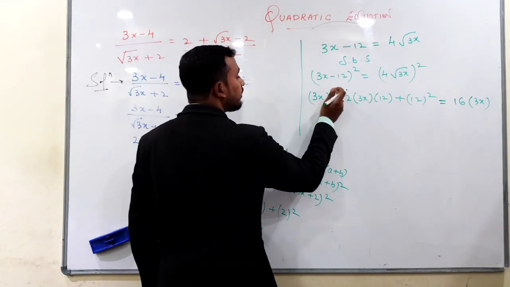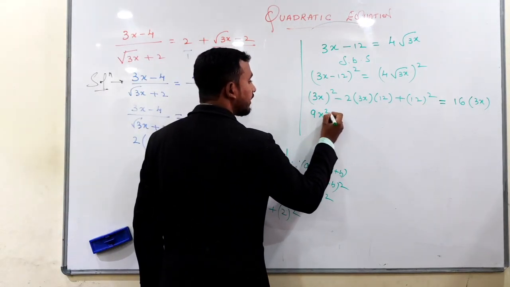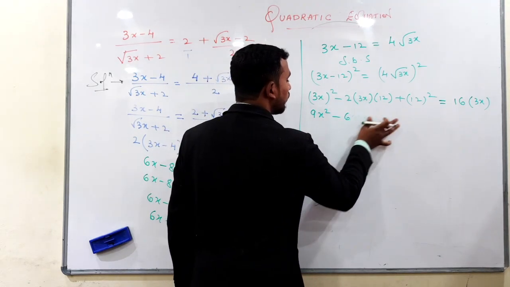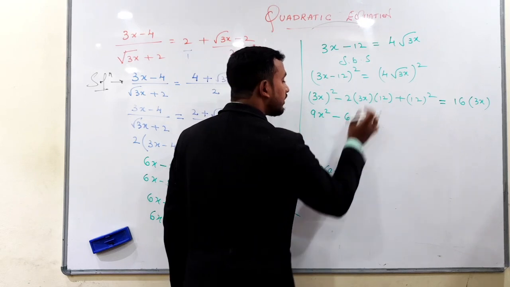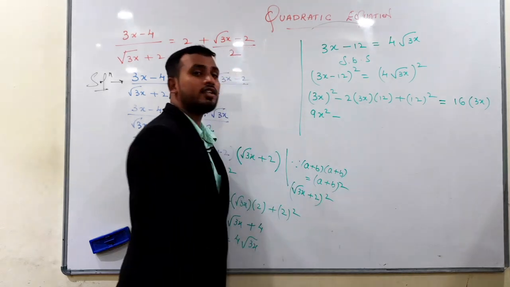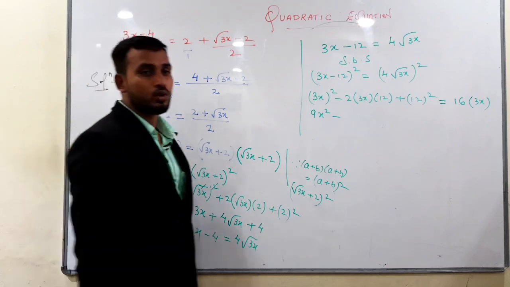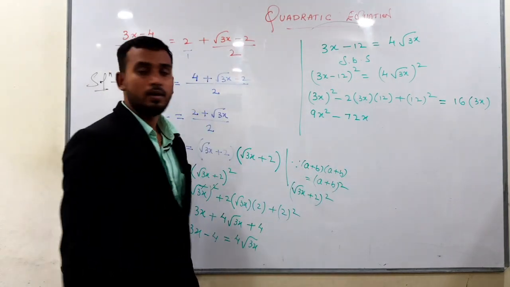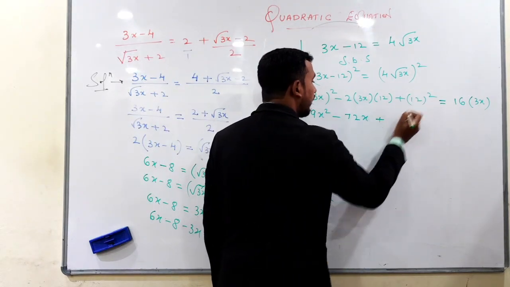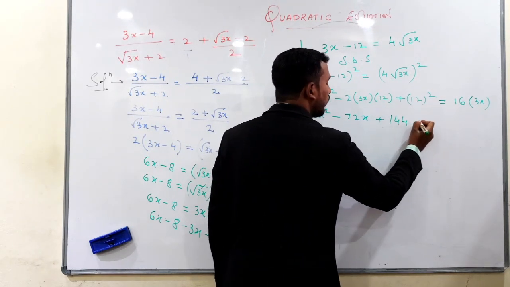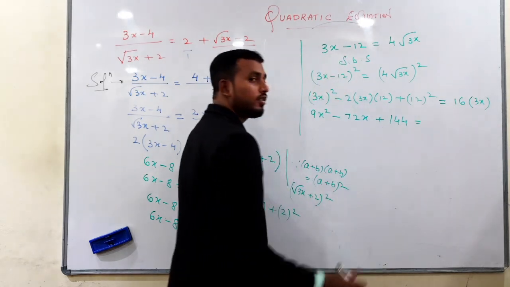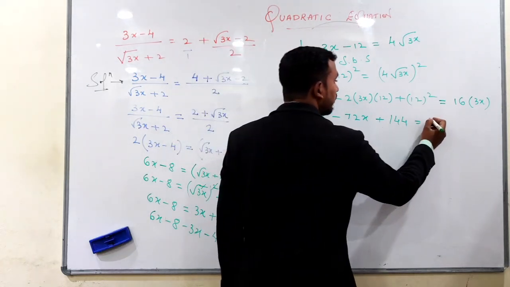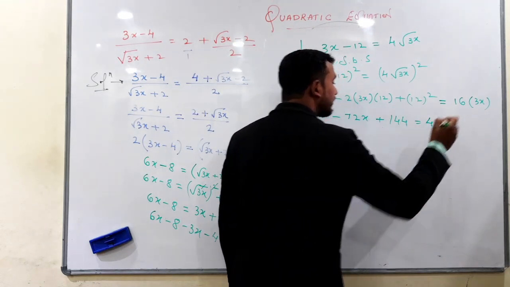Then 3 square 9, x square minus 2 3s are 6, 6 12s are 72, 12 6s are 72x plus 12 square 144 equals 16 3s are 48, 48x.